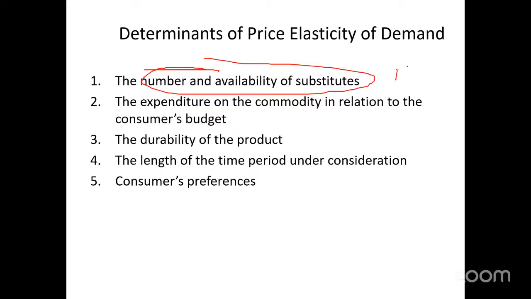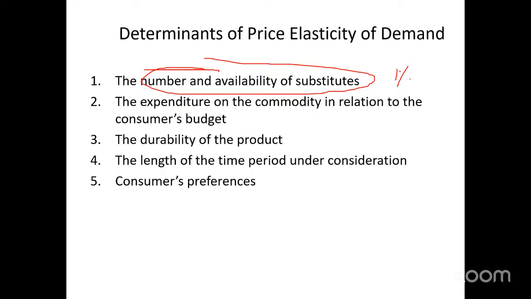If it's a small percentage of your budget, the reaction is very slow, which means in such a situation the good must be inelastic. Now, imagine you spend on a particular good about 80-90% of your budget, your salary. So that expenditure proportion also matters.